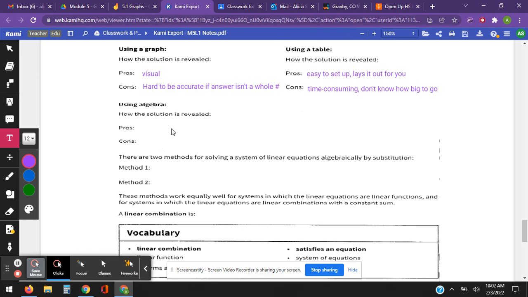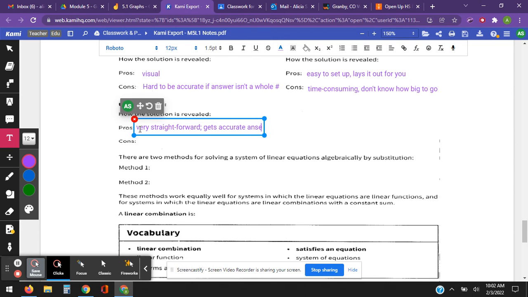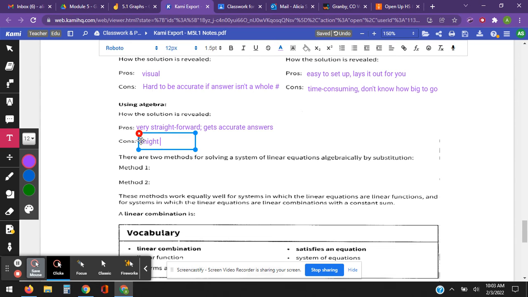Algebra. Pros, it's very straightforward, and it gets accurate answers. Con would be you might have to change formats.